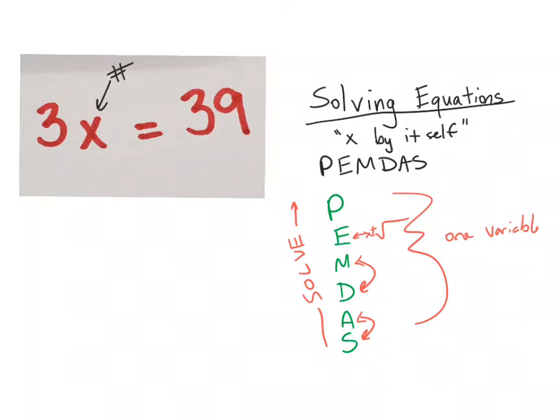The other thing we have to remember is that whatever we do on one side, we do the same thing on both sides of the equation. We want to keep things balanced.